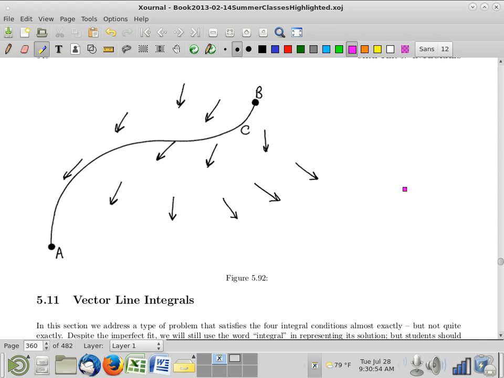So the gravitational field, let's say, of a planet or an electric field given charged particles, at every point it's not that there's some scalar number, it's at every point there is a vector indicating both a magnitude and a direction. And it's going to turn out that it makes pretty good sense, and there's some nice applications, if you consider the question of what would it mean to take an integral of such a thing.